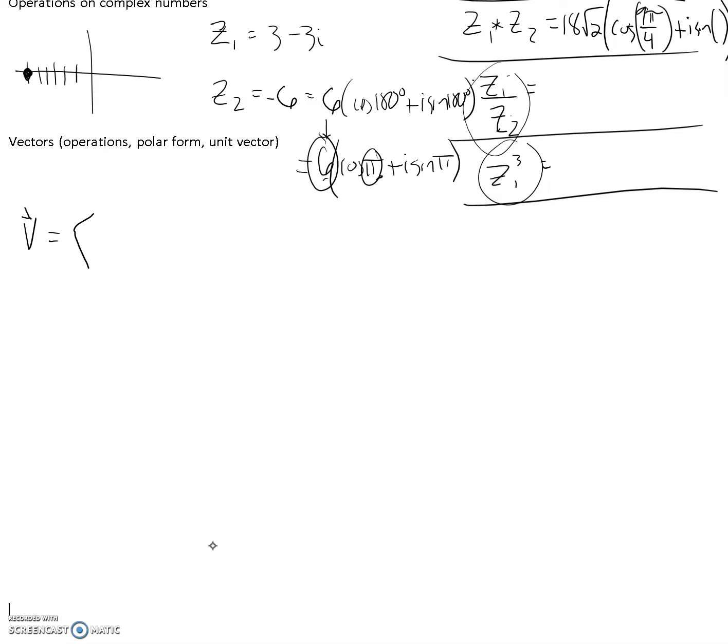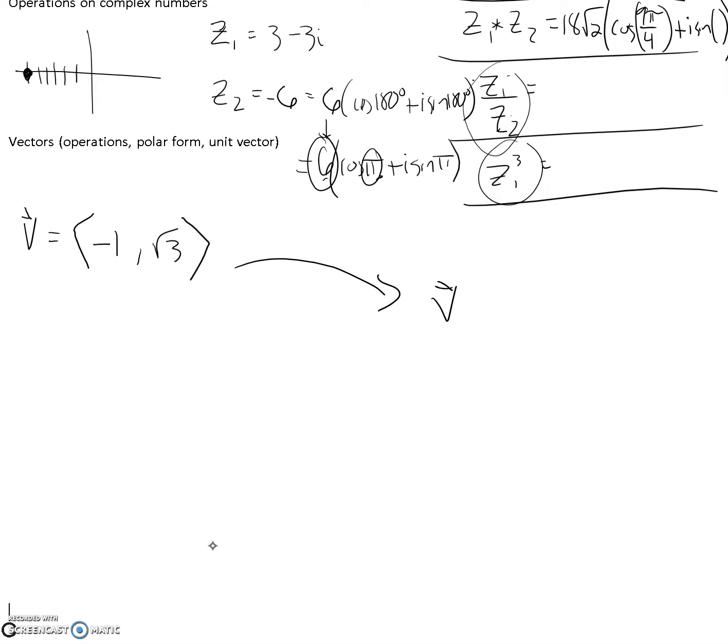Right, like, let's say, sticking with special angles if we want, we'll go -1, root 3. Okay, that's a vector in XY configuration.